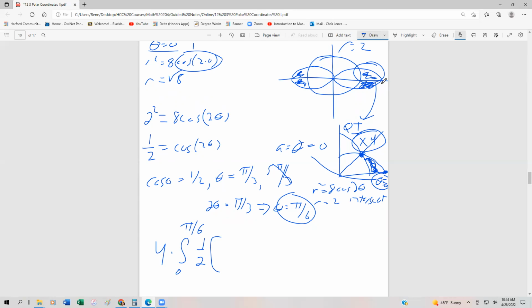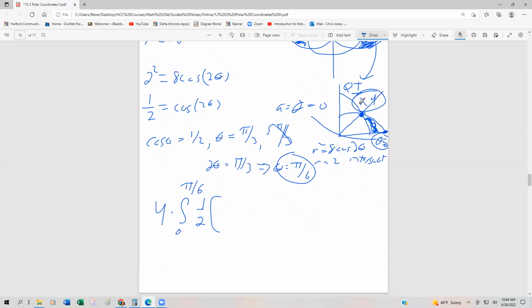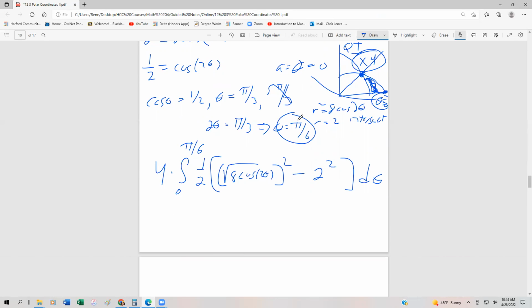The outer is going to be the limacon, and remember, we have that r equals the square root of 8 cos 2 theta. So this is going to be the square root of 8 cos 2 theta, and we're going to square that, minus the inner, which is 2 squared, d theta. So that's going to be our setup for this.